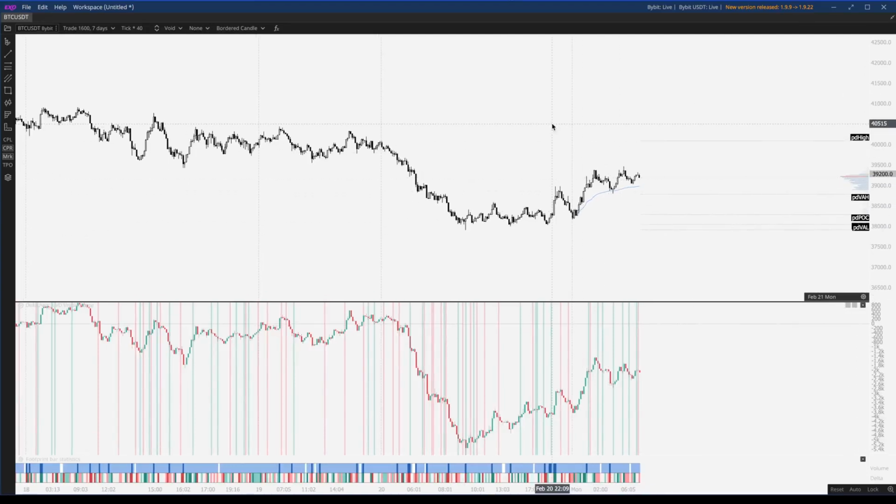The crypto market. Obviously, you have all these different exchanges. You have some tools that will aggregate this data for you. I look at Bybit because I think it's the biggest retail exchange.